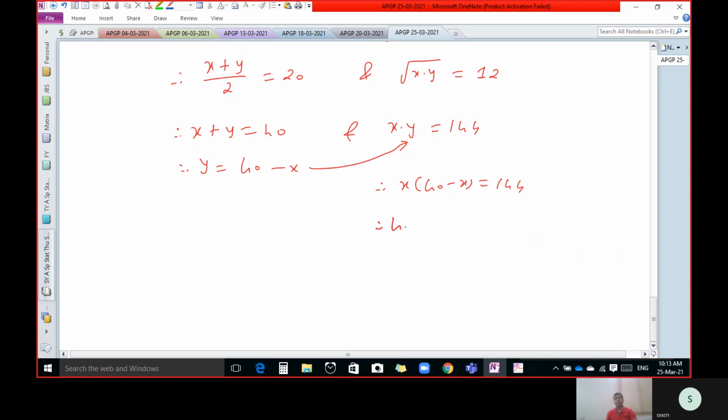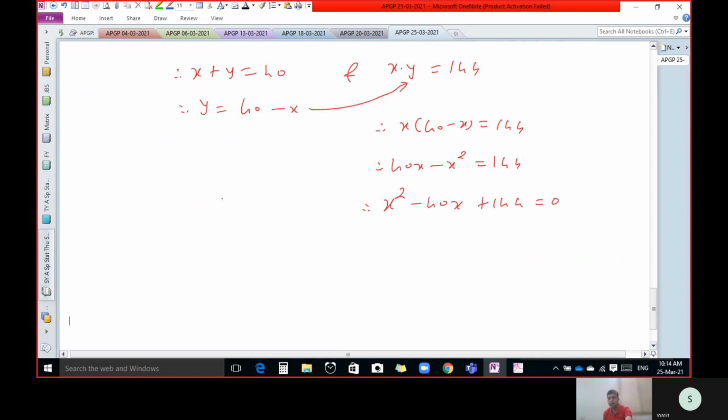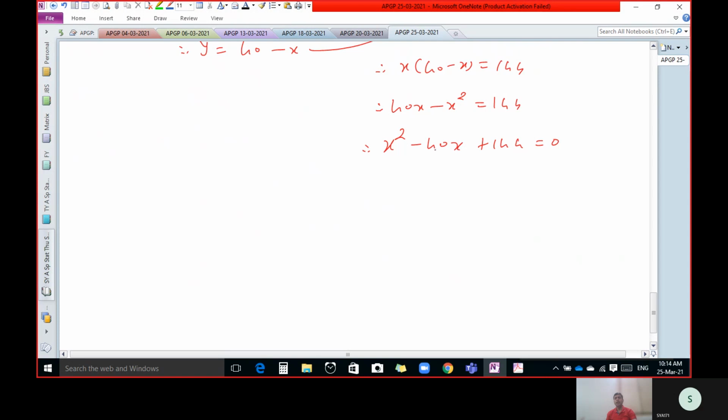So what we get? 40x minus x square. Take x square and 40x on the other side. So we get x square minus 40x, and that side 144 is already there, equal to 0. Now factorize 144. So we get 40 as 36 plus 4.